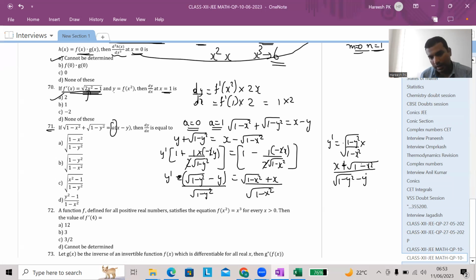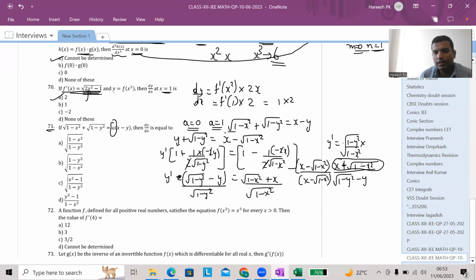So now when I try to rationalize this, I try to multiply by its conjugate. Why? Because I want to bring it to the original form here. I'll try to rationalize one of them. Probably I'll try to rationalize this. So I'll multiply this by its conjugate. When I multiply by its conjugate, I'll also have to divide by its conjugate.